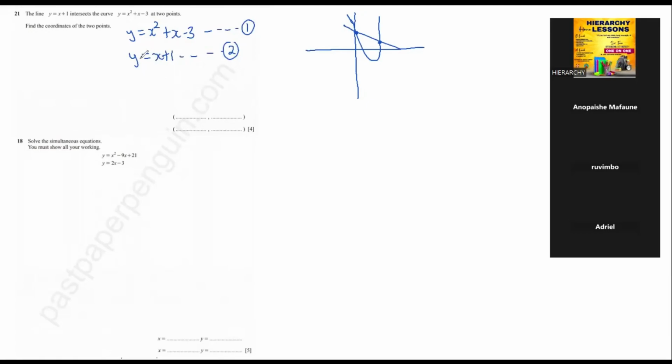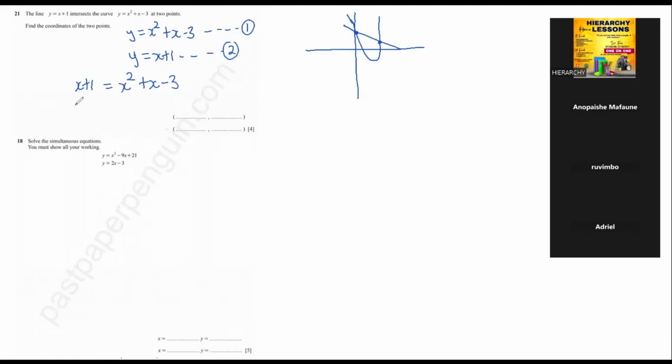You see, for equation 2, y is already the subject of the formula, so we're going to substitute x plus 1 for y in equation 1. So which means we have x plus 1 is equal to x squared plus x minus 3. So this is now our equation: x plus 1 is equal to x squared plus x minus 3, right?